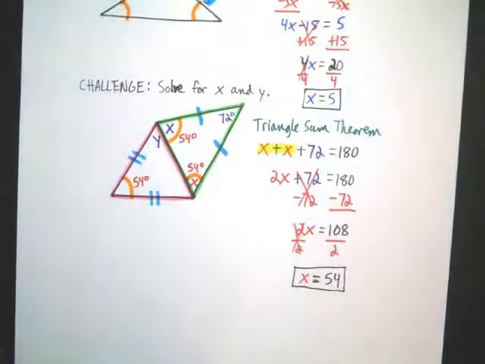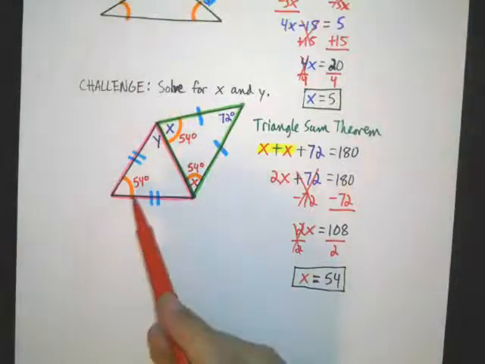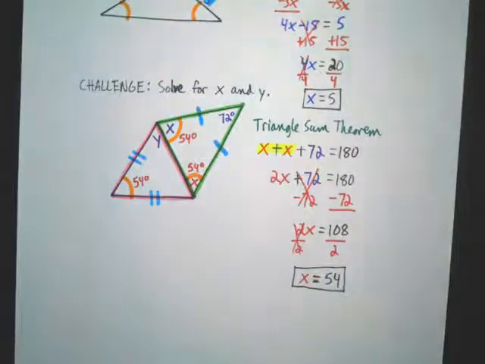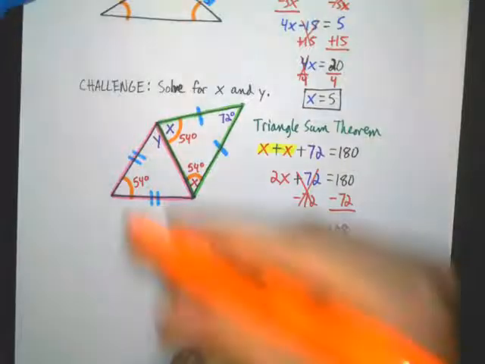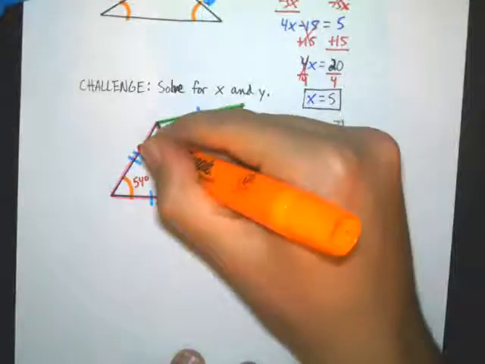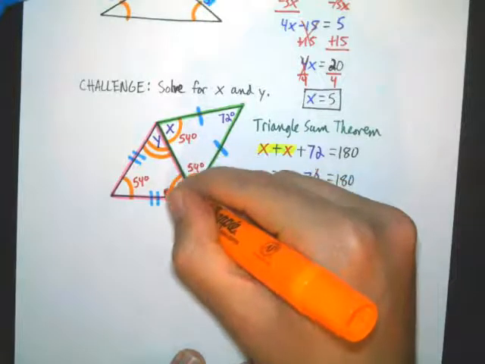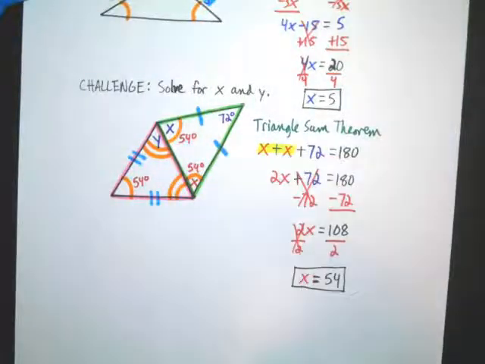Now, the tricky thing about the pink triangle is that the angle with 54 degrees is not one of the base angles. The base angles in the pink triangle are the angle with y and that angle right there.